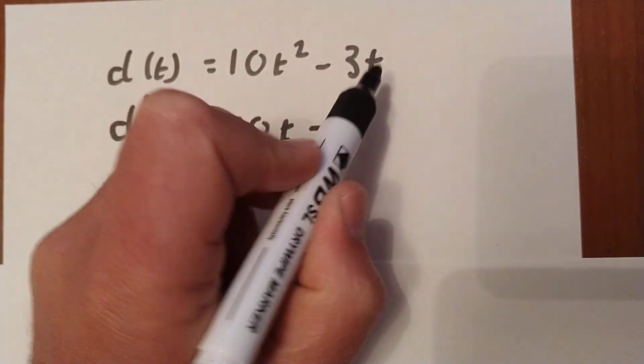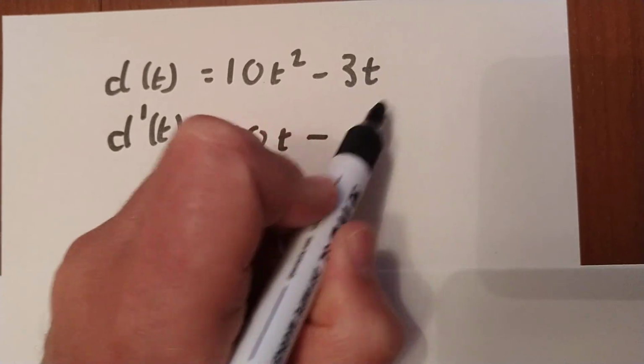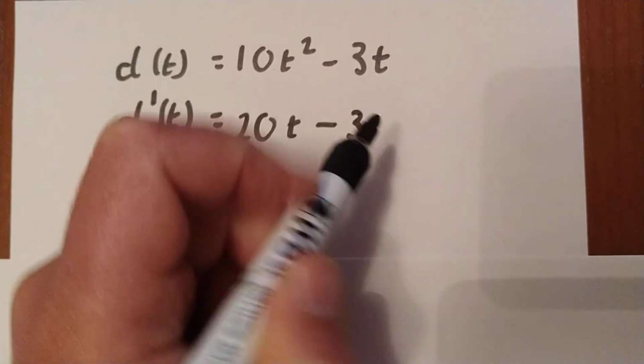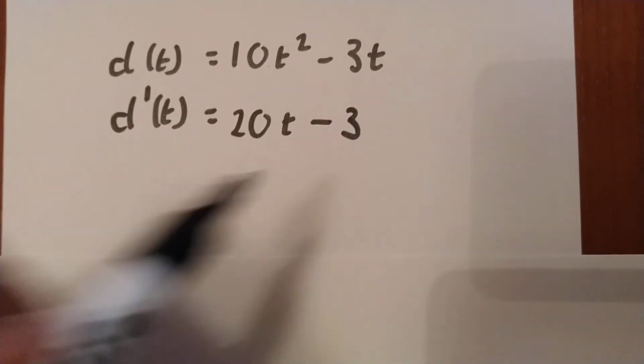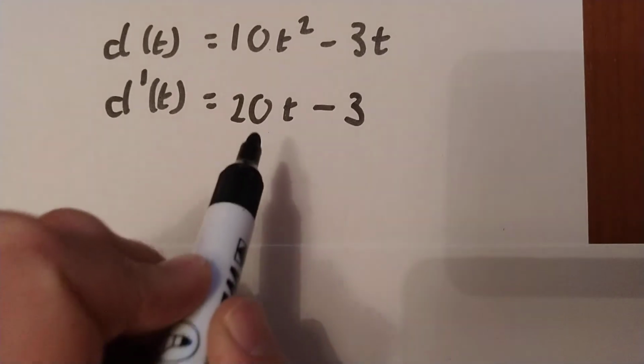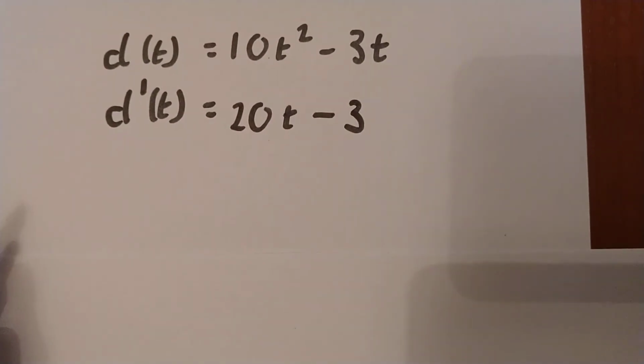Take away, this is t to the power of 1, multiply by 1, take 1 away, take away 3, t to the 0, well that just disappears. So my derivative, d dash t this time, 20t take away 3.